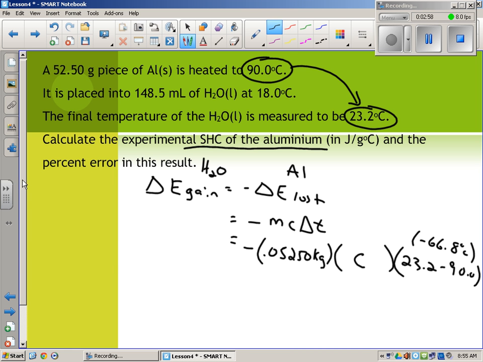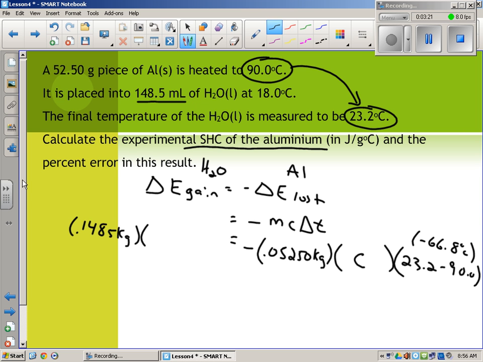Okay? On this side, what's gaining the energy? It was water. Remember? So we said, well, there's 148.5 milliliters of water. Remember, that's 148.5 grams of water. And since we use kilograms on that side, we better use kilograms on this side as well. We better keep it the same. So over here, we're going to put in 1.1485 kilograms.